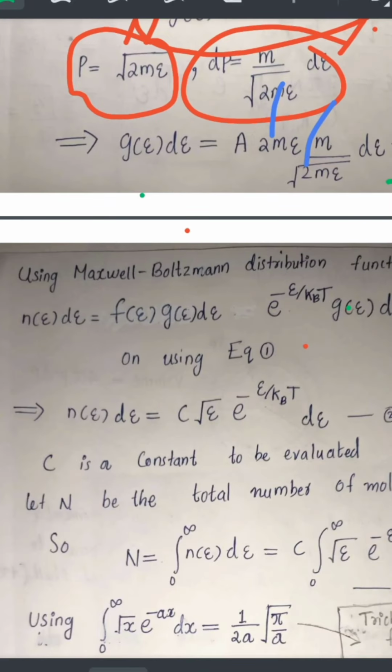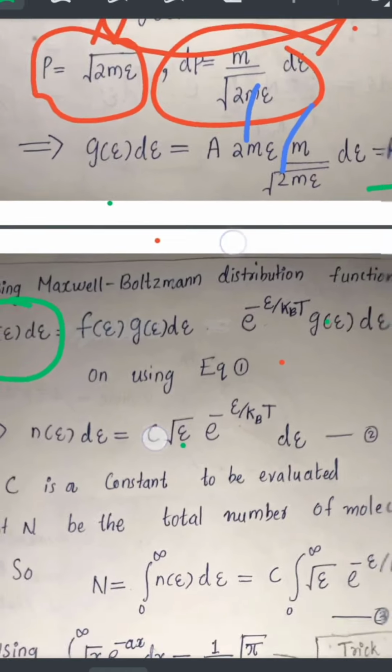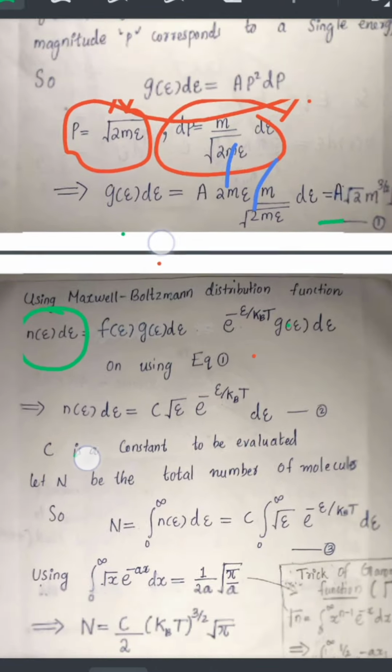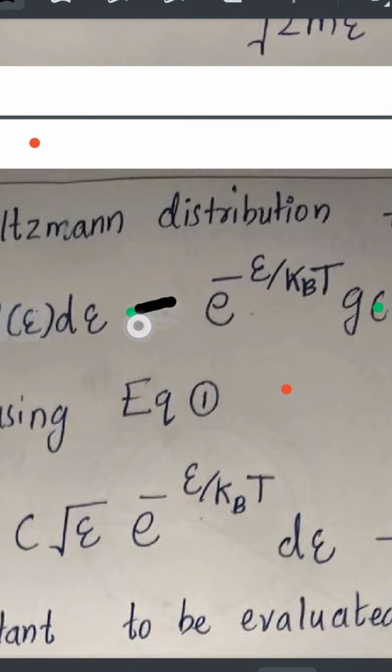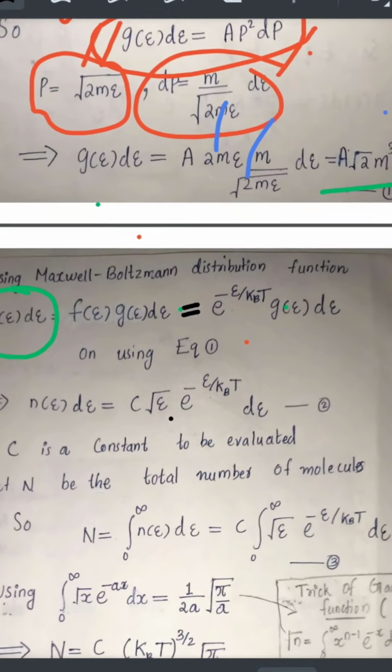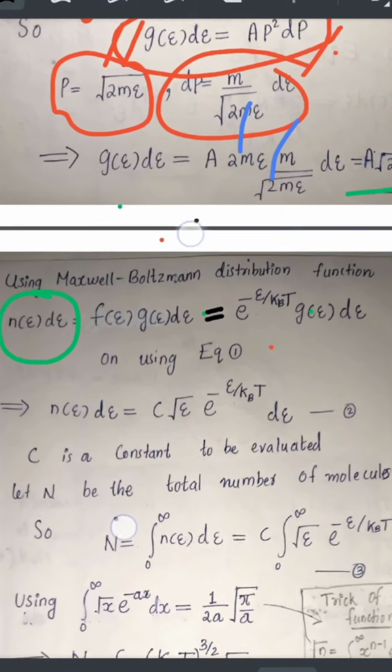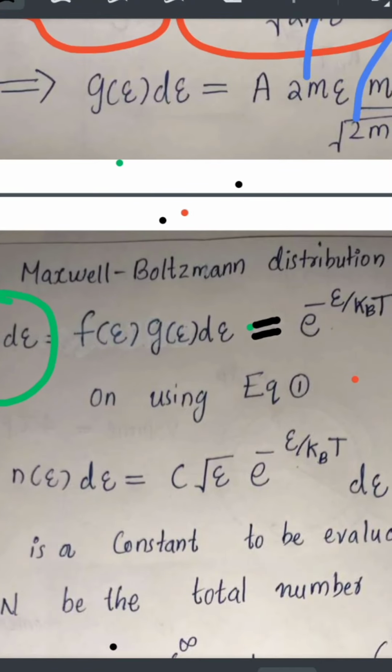Our task is actually to find this N of epsilon d epsilon. So we already know from the Maxwell-Boltzmann distribution function that this N of epsilon d epsilon is equal to f of epsilon times g of epsilon d epsilon. There's actually an equal sign here, I missed it. And this f of epsilon is the Maxwell-Boltzmann distribution function.